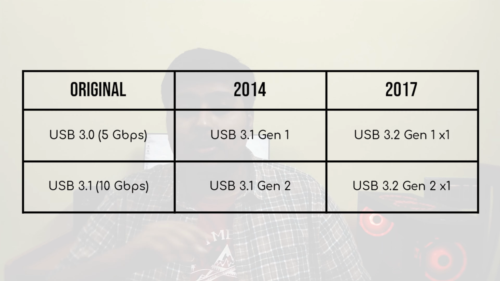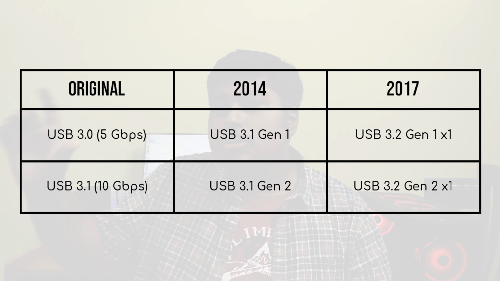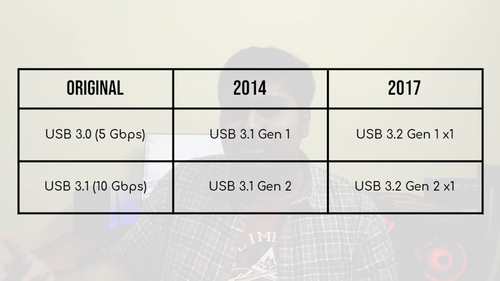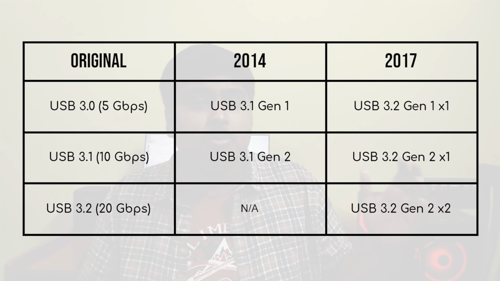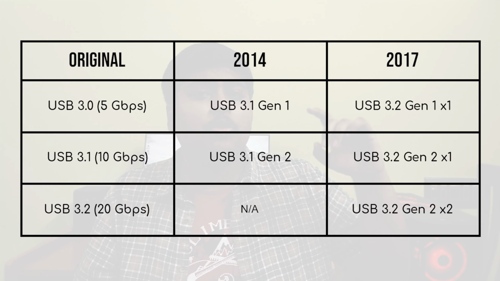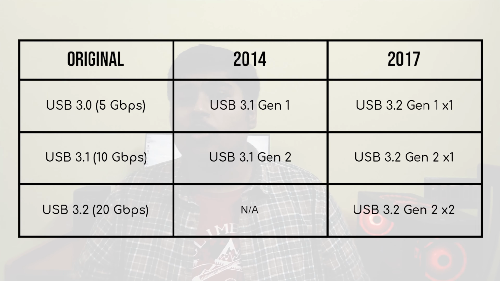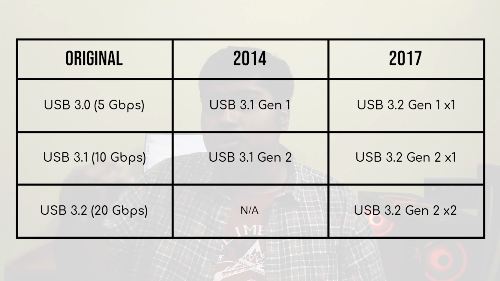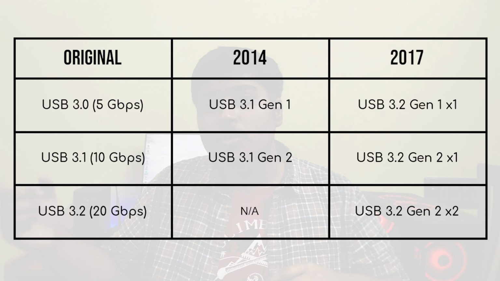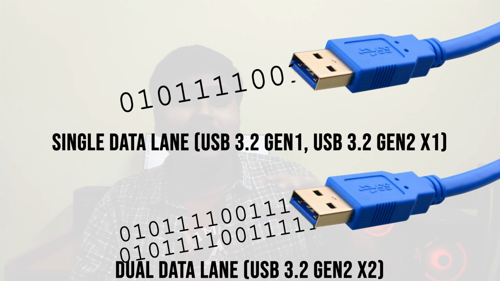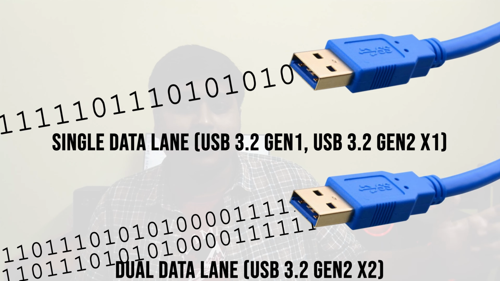The 2014 revision, the USB 3.1 Gen 2, was renamed to be USB 3.2 Gen 2 X1. Does that even make sense? And the newer revision, which doubled the data speeds from the 2014 revision, was called USB 3.2 Gen 2 X2, where X2 stands for the dual data lanes of the new revision.